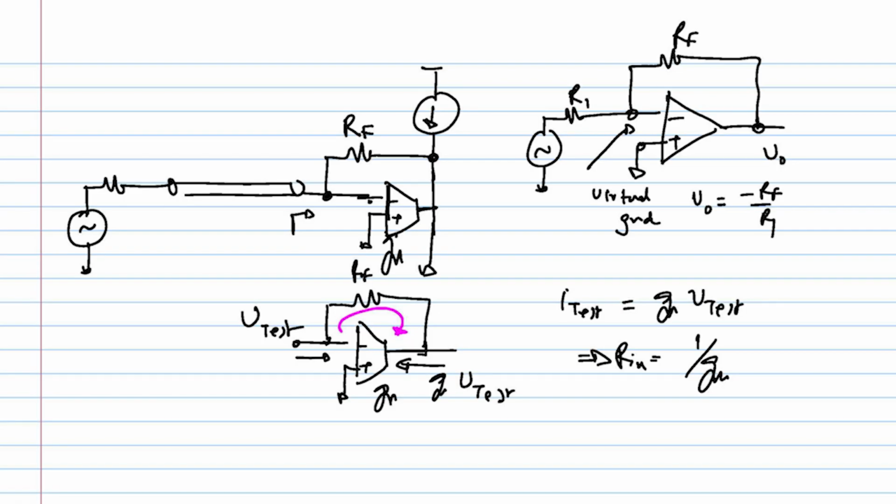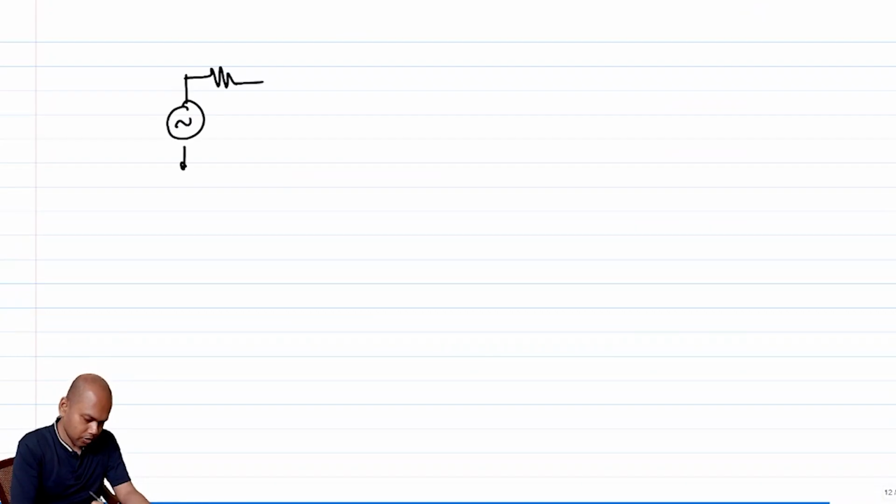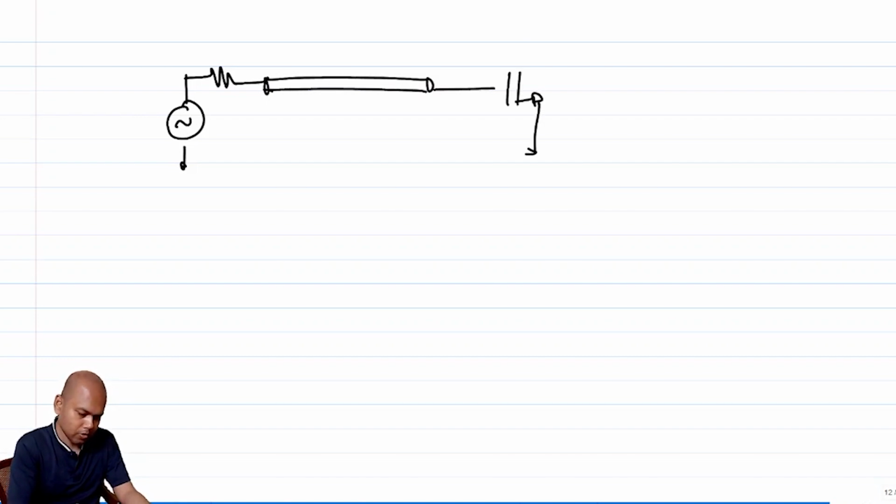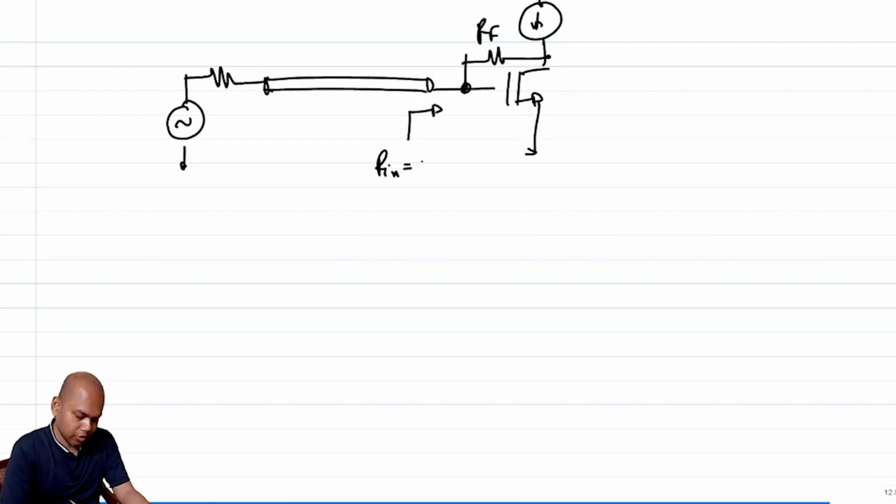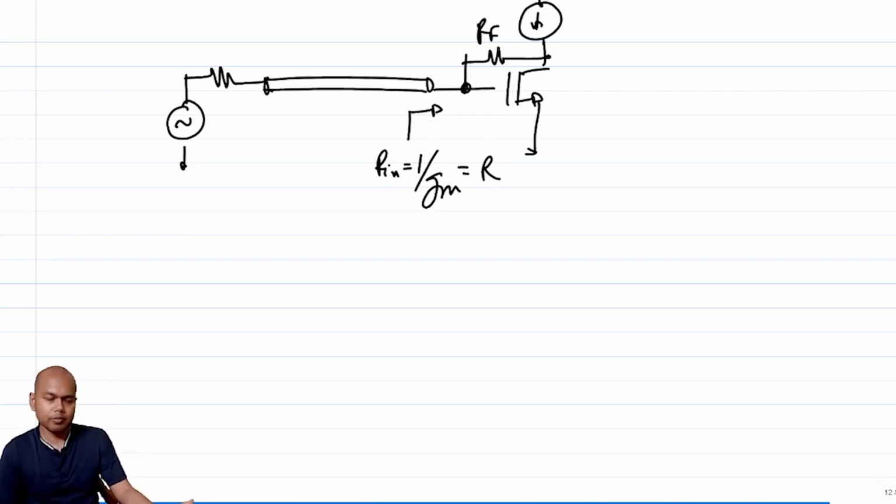So if that is known, this looking in impedance Rin is 1 over Gm, and we make this equal to R, so then it is matched, right?